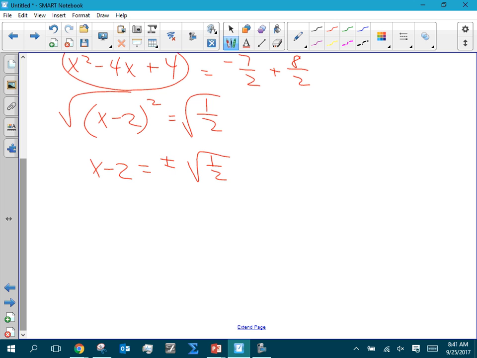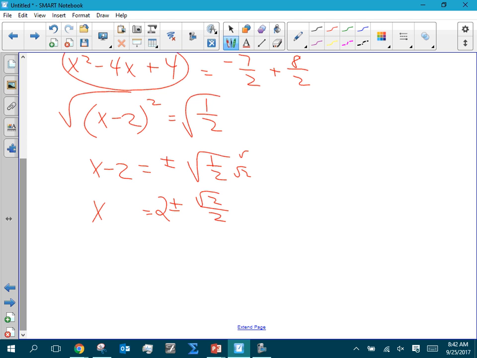Just to maintain the form they want, rationalizing denominators, radical 1/2 multiplied by radical 2 gives me radical 2 over 2. And I'll add 2 to both sides, so x is equal to 2 plus or minus radical 2 over 2.